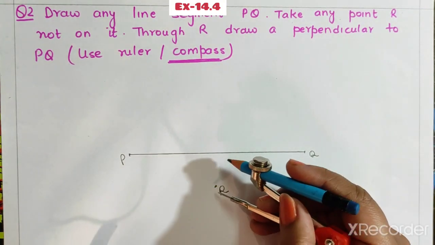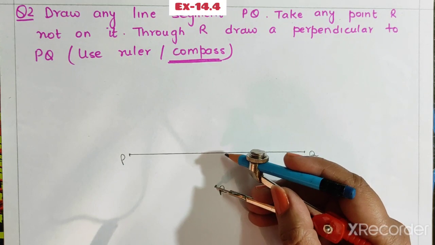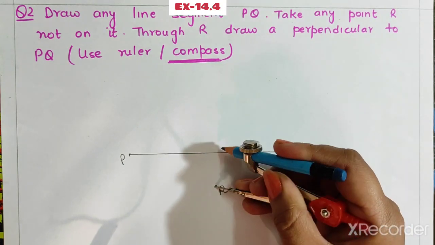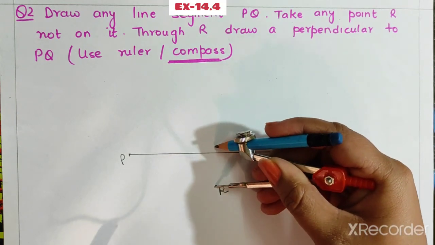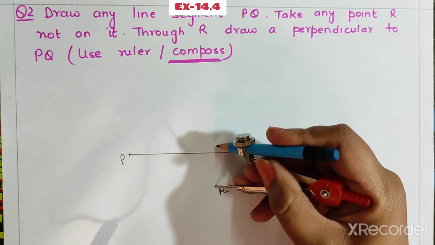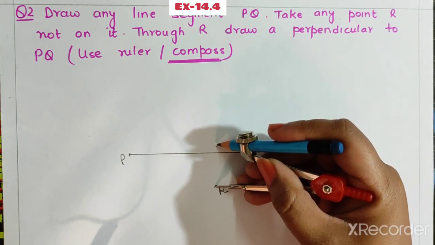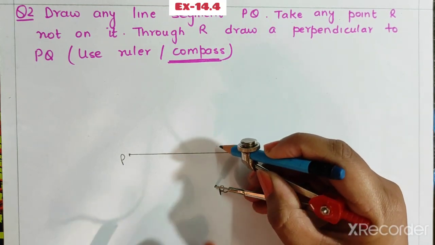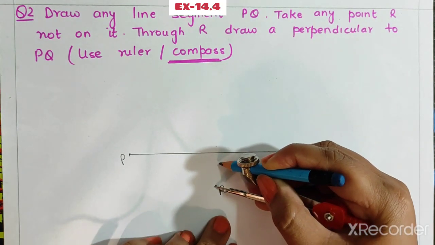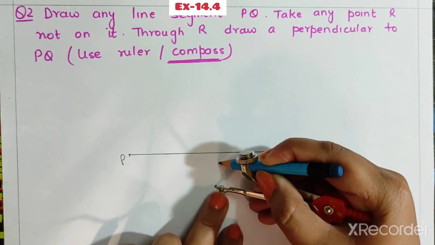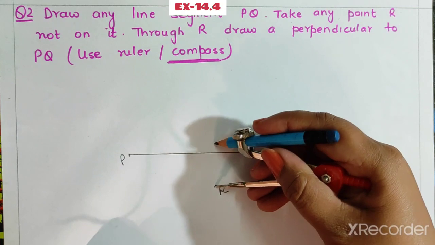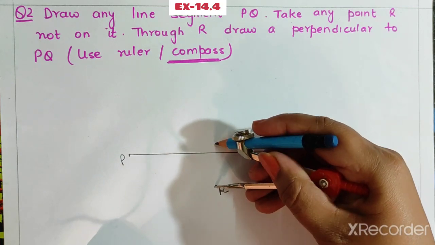You have to put the pointer of your compass at point R, and open your compass just beyond the line segment PQ. Your compass should reach past the line segment, it should not fall short of PQ.